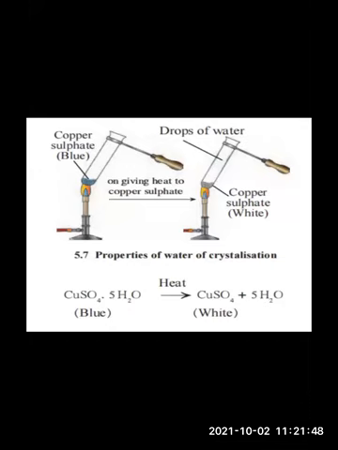Calcium chloride and water. Everywhere salt and water is there. That means it is a neutralization reaction. Magnesium oxide, if it reacts with hydrogen chloride, you will get magnesium chloride and water. Similarly, zinc oxide will give zinc chloride and water. Aluminium oxide will give aluminium chloride and water.